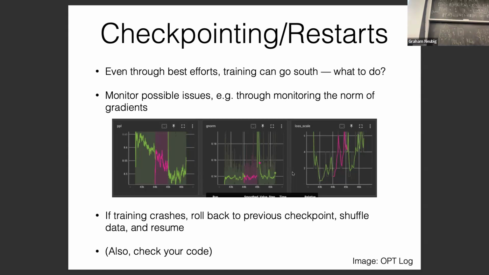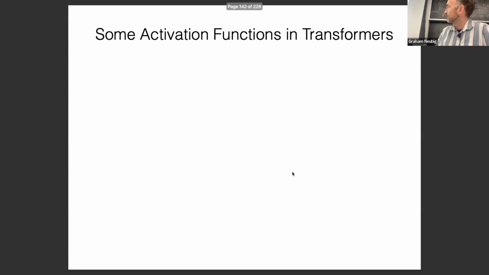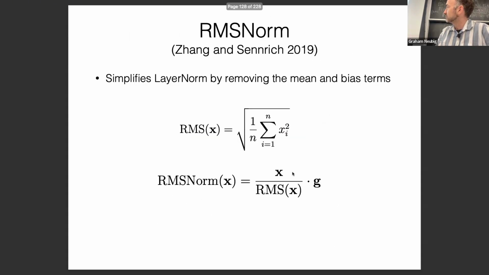You might do that if you are, for example, applying RMS norm or gradient norm, right? This is the sum of a vector and you're dividing by it.